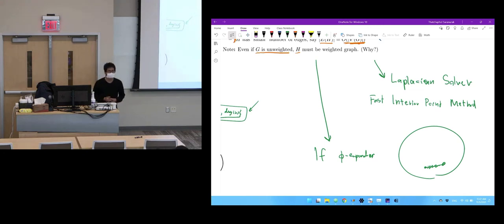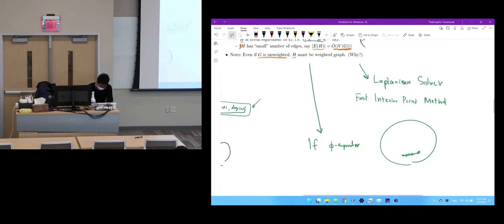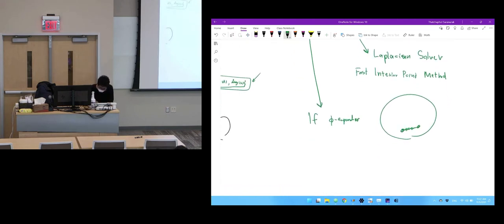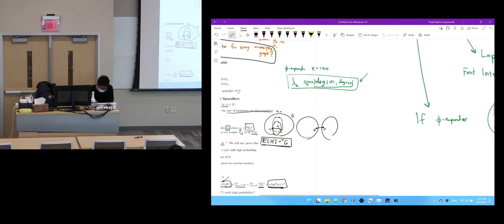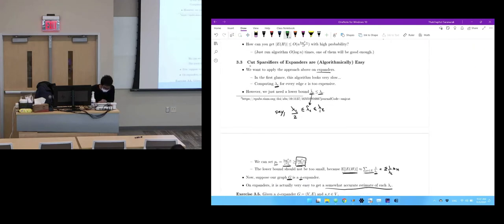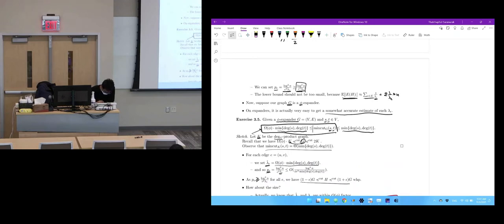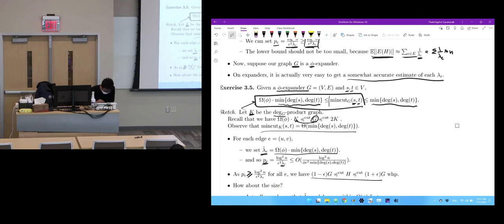So is it the same algorithm, or are we doing any more changes? The change is actually just a small one. If you look at the exact algorithm for a cut sparsifier on an expander, the p_e that we set is this thing, right?